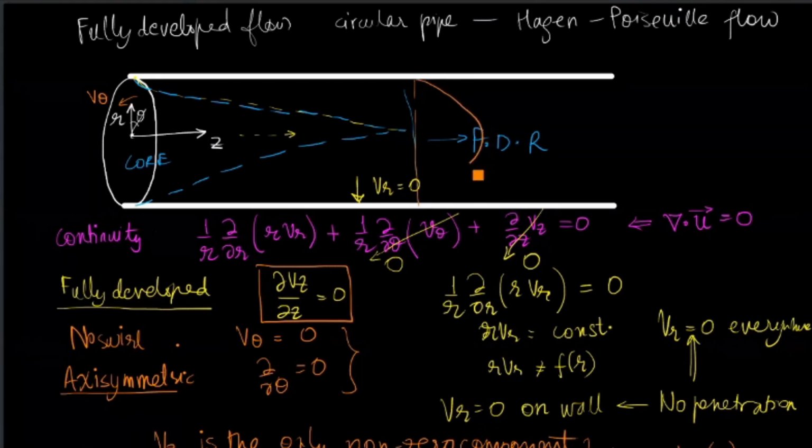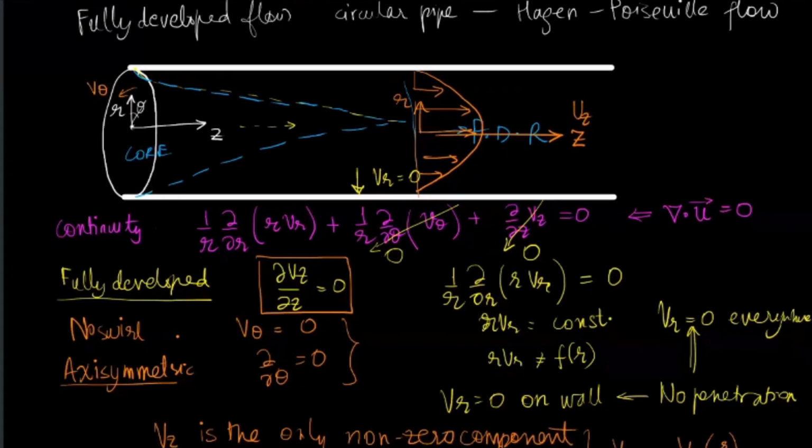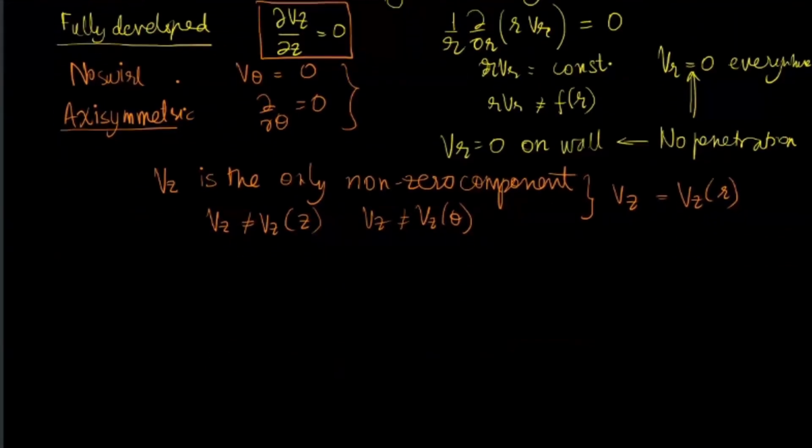So whatever the profile will be, it resembles a parabola, a paraboloid rather. So this is the z direction, this is the r direction. So the velocity in the z direction will depend only on r. So these are what we can conclude right away.